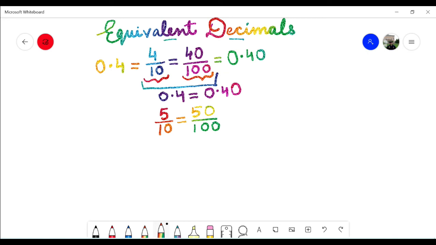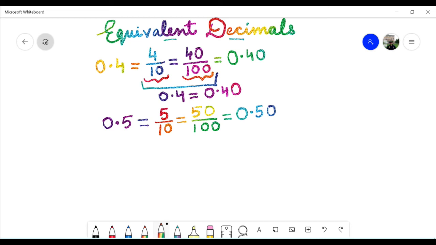Now, the decimal equivalent of 50 upon 100 is 0.50 and the decimal equivalent of 5 upon 10 is 0.5.